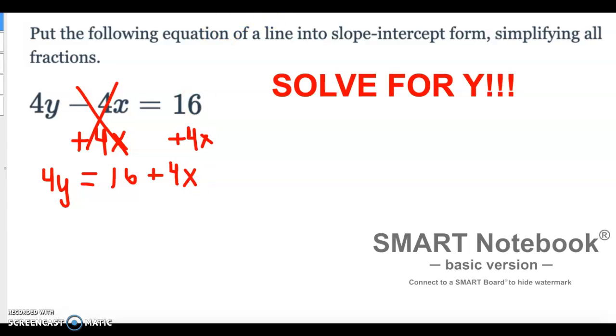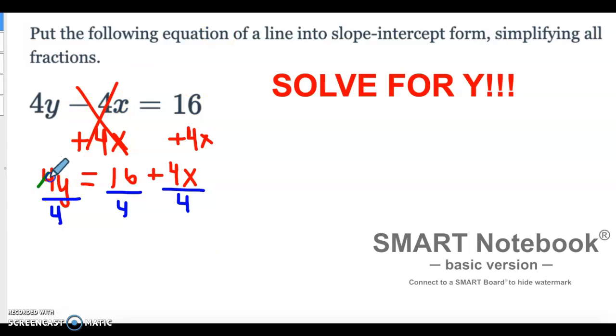All right, now we have 4 times y, but we just want y by itself. So again, we need to use an inverse operation to undo this multiplication. The inverse of multiplying is dividing. So we are going to divide all three terms in this equation by 4. So you want to literally show that you're dividing every single term up here by 4.